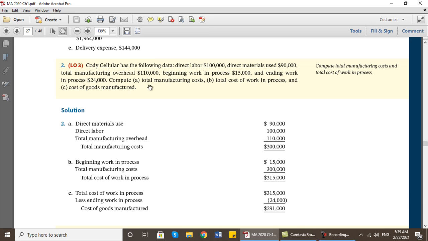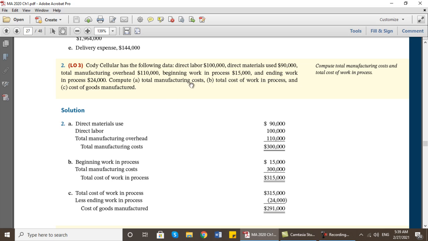Now compute total manufacturing cost. Again, this question may be multiple choice. Ask about total manufacturing cost only, or as brief exercise.